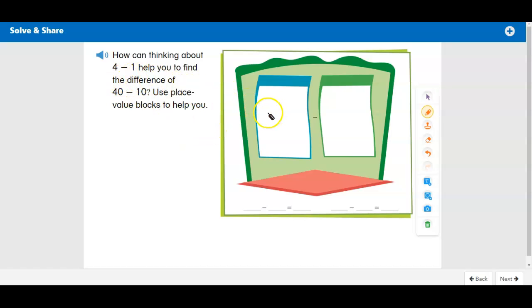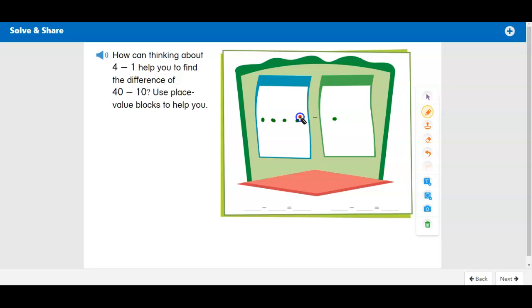If I have 4 blocks total and I'm subtracting one of them, I could write 4 minus the 1.